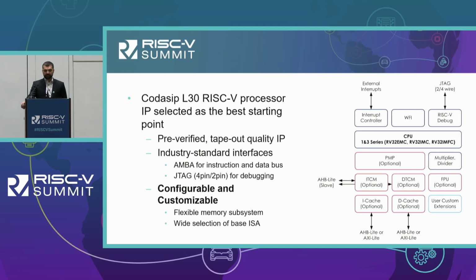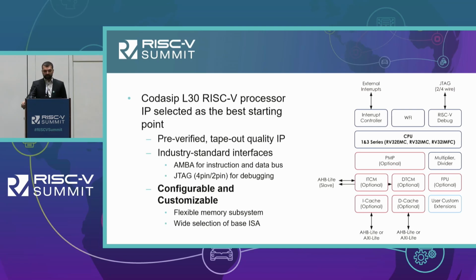You have a low-latency interrupt controller, you have the WFI for power modes, you have a debug module. Then you have a selection in the case of the ISA, so there are a few pre-configured ones like EMC, IMC, but you can play with this even more and, for instance, disable the M mode or the C extension. This is really up to you.